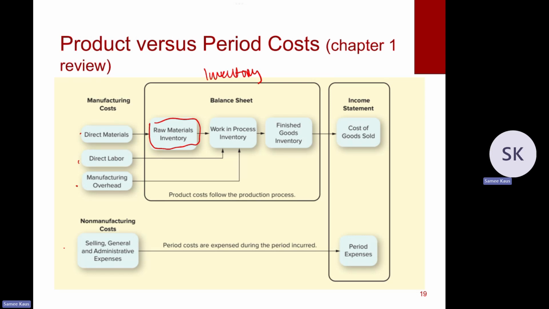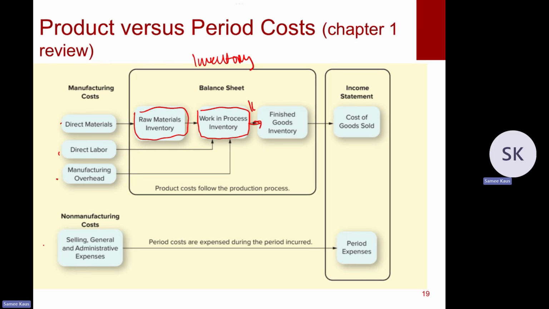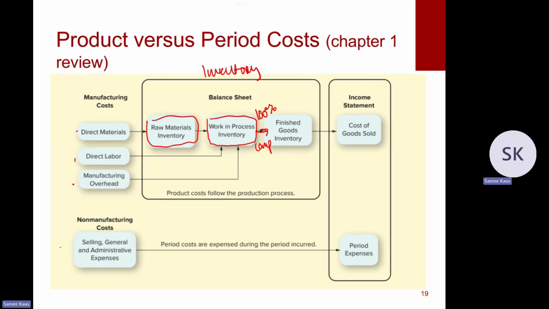Then as soon as I start hammering that, as soon as I start placing screws into that plywood, as soon as I start welding that metal, well, then all of a sudden I've started working on it. It becomes work in process. And that's going to be work in process all the way until it is 100% complete. And once it hits that threshold of being 100% complete, it sits in my finished goods inventory.